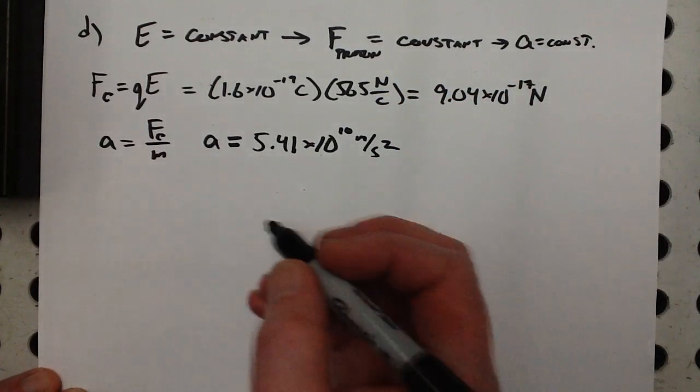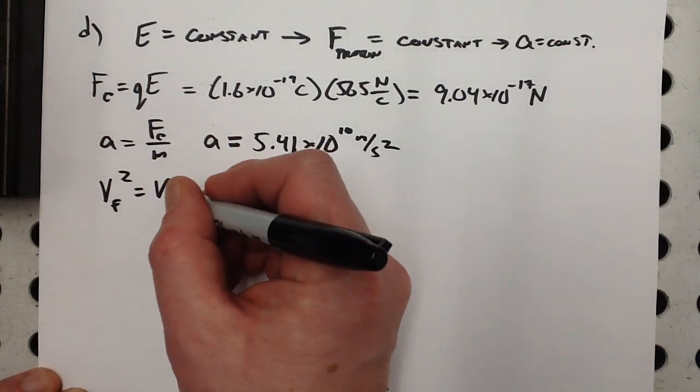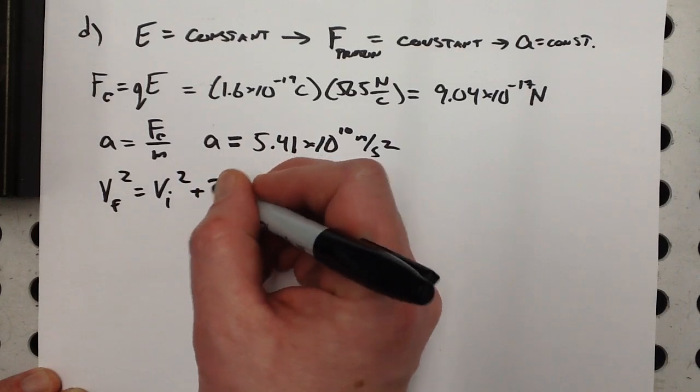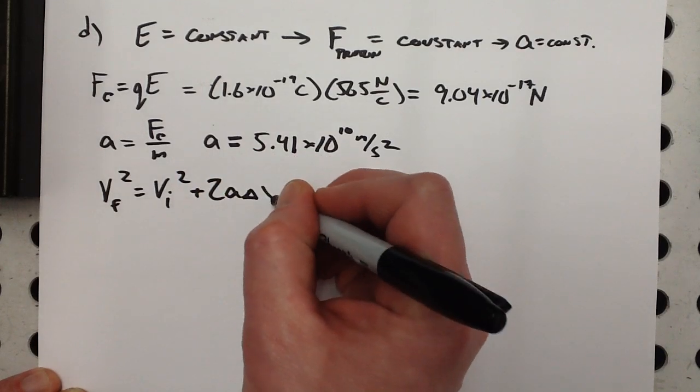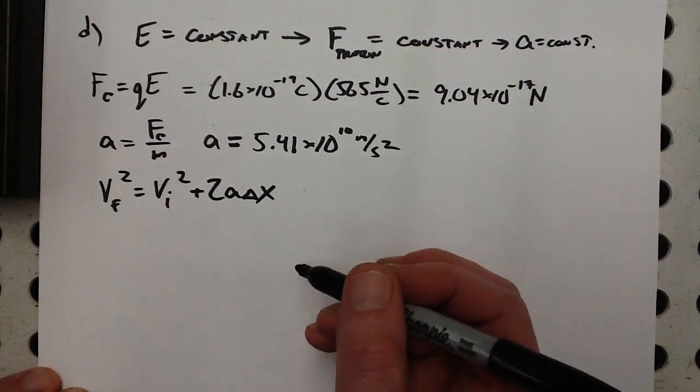And once we have that, since we're looking for the final velocity, I'm going to dust off this old kinematics equation. I don't know when the last time is that you saw this, maybe recently, and use that here.